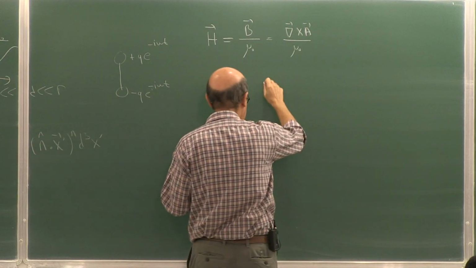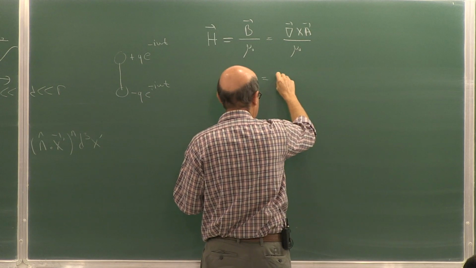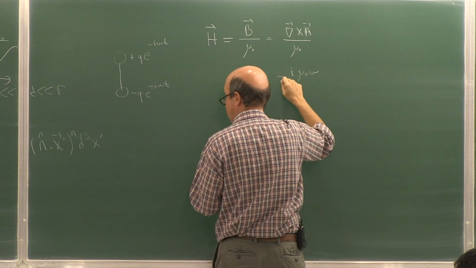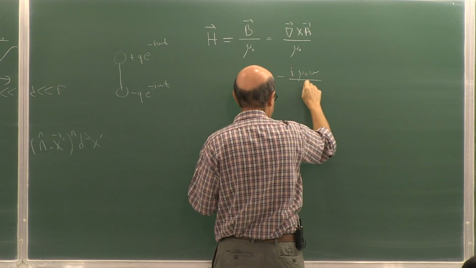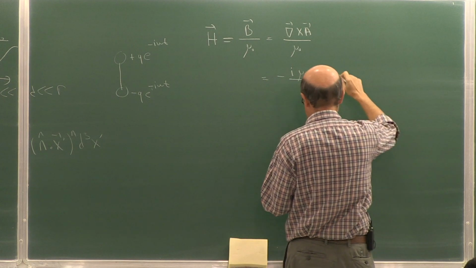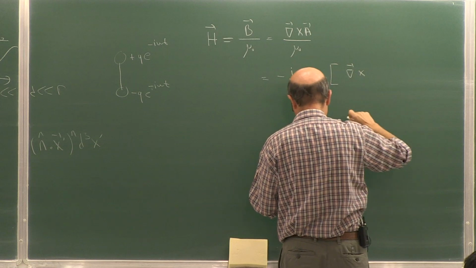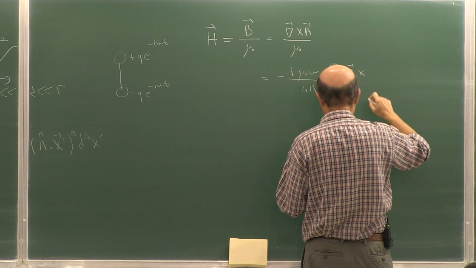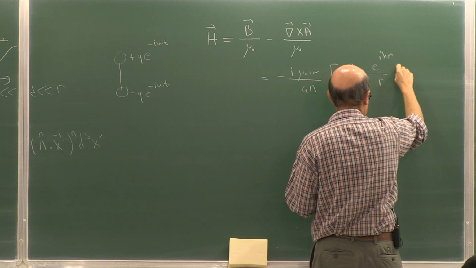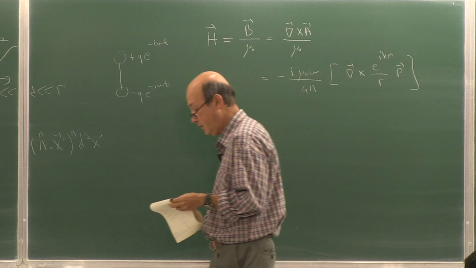If you plug A in, we are going to obtain the following: minus i mu 0 omega over 4 pi, curl of e to the i k r over r times the electric dipole moment.